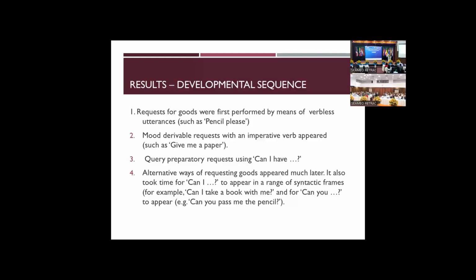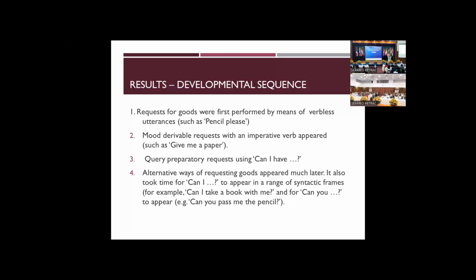Then slowly, the mood derivable requests begin to appear with an imperative verb. Give me a paper, give me a color, give me a book. And then the formulaic expression, can I have, appeared. And this was true for both of them. They all appeared in this order.